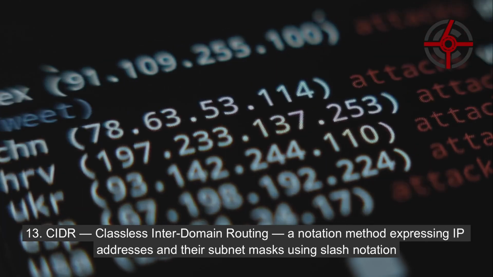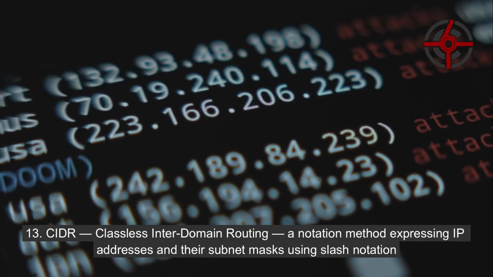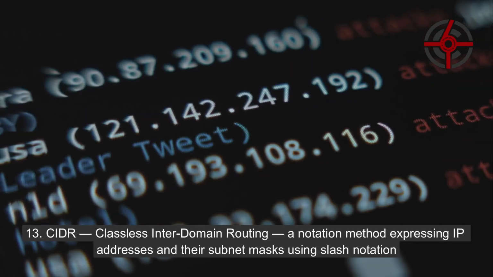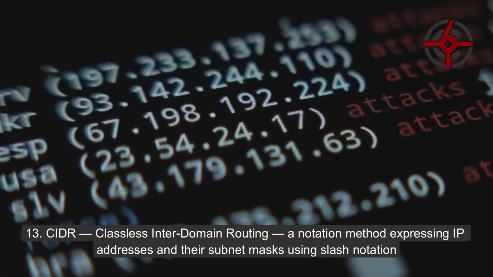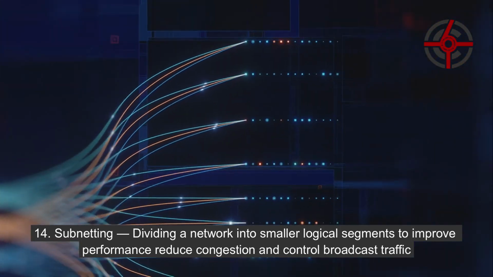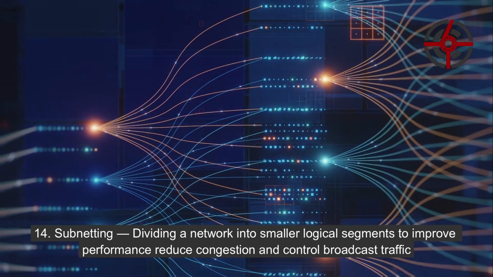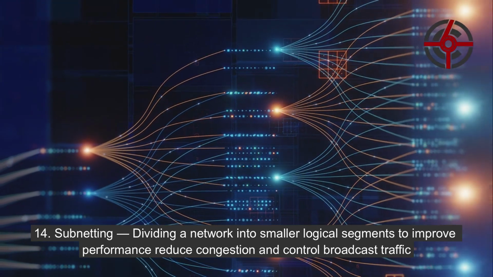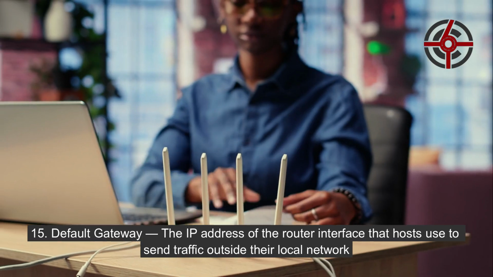13. CIDR, classless interdomain routing, a notation method expressing IP addresses and their subnet masks using / notation. 14. Subnetting, dividing a network into smaller logical segments to improve performance, reduce congestion, and control broadcast traffic. 15.